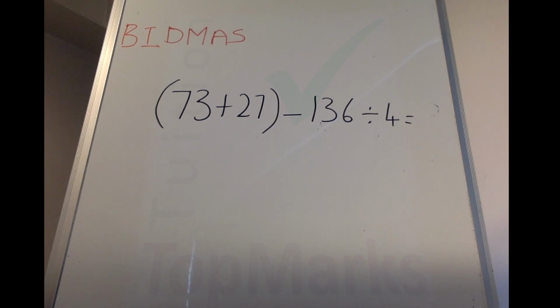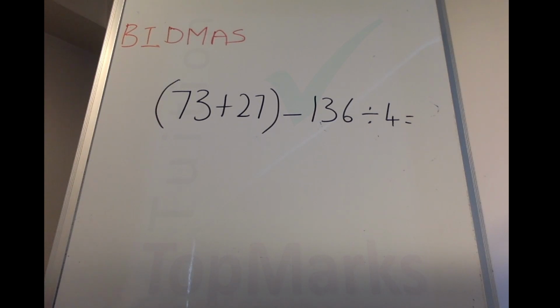Let's have a go at carrying out this calculation. Just like me, I know you like a challenge, so let's have a go at this one. Just going to use BIDMAS and follow the steps as ordered by BIDMAS.